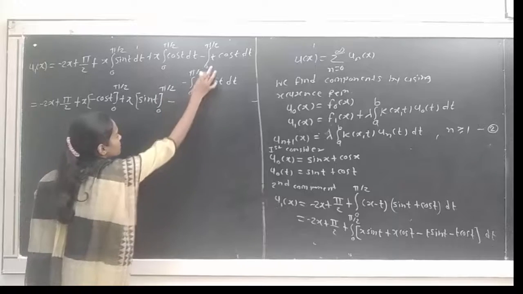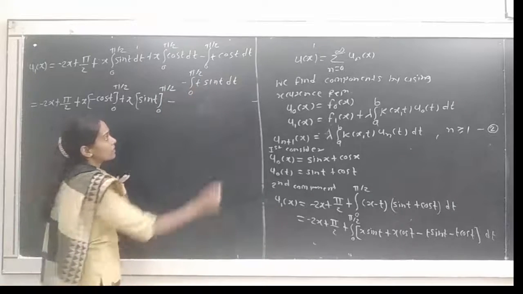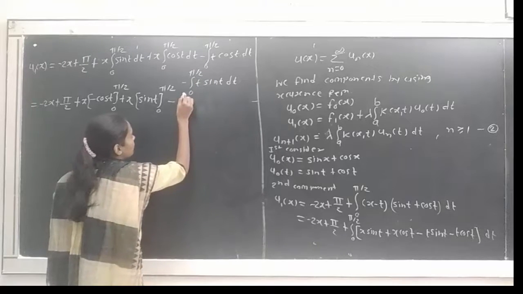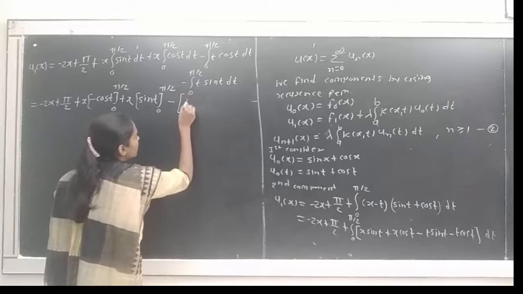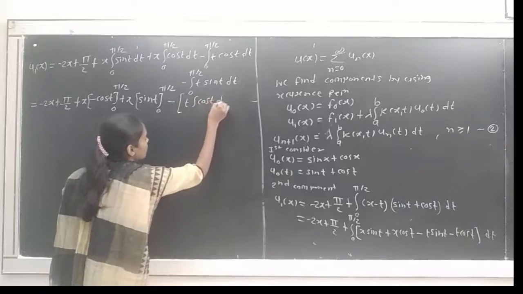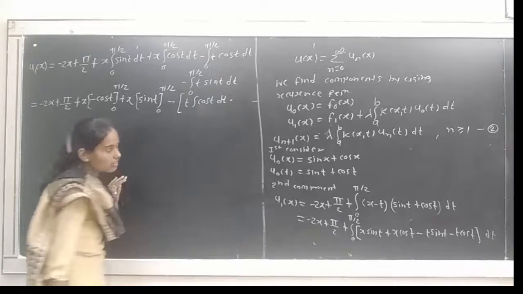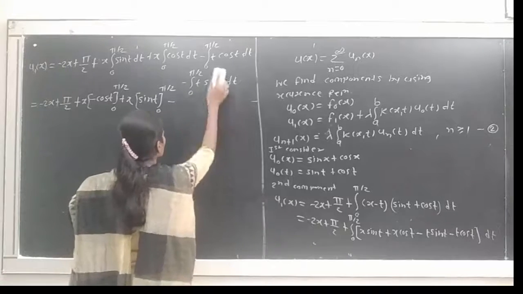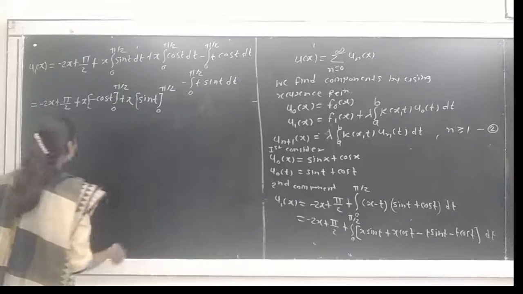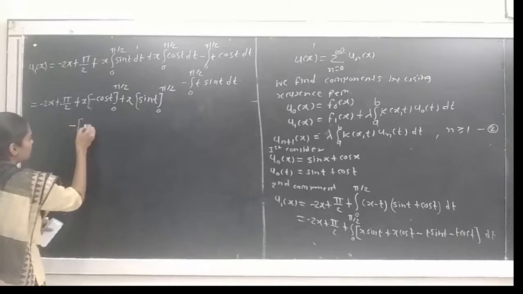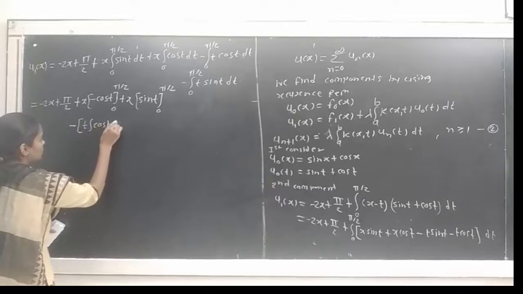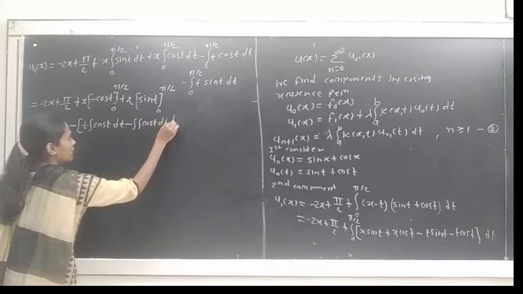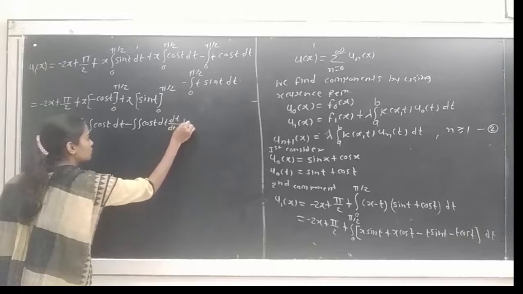minus, here we have to use integration by parts and Leibniz rule to take this integration. So we can use the square bracket t, integration of cos t dt, minus integration of cos t dt times the derivative of t with respect to t, into dt.